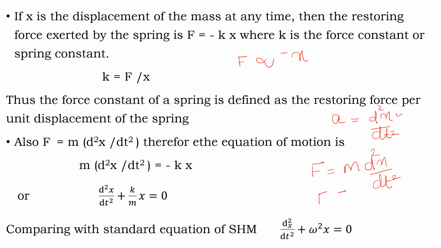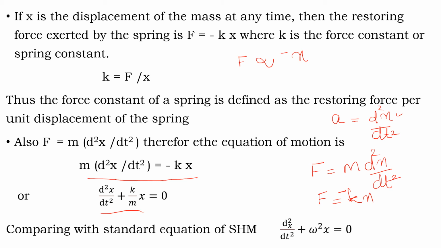Also this force is F equal to minus Kx. Equating these two equations, we get m into d square x by dt square is equal to minus Kx, or d square x by dt square plus k by m into x equal to 0.